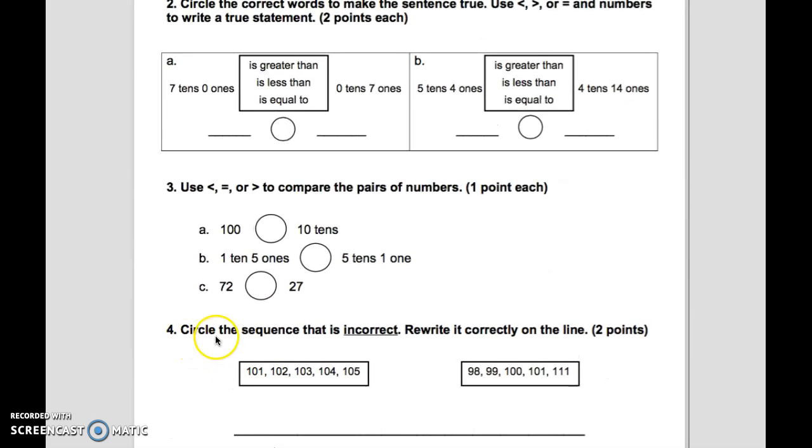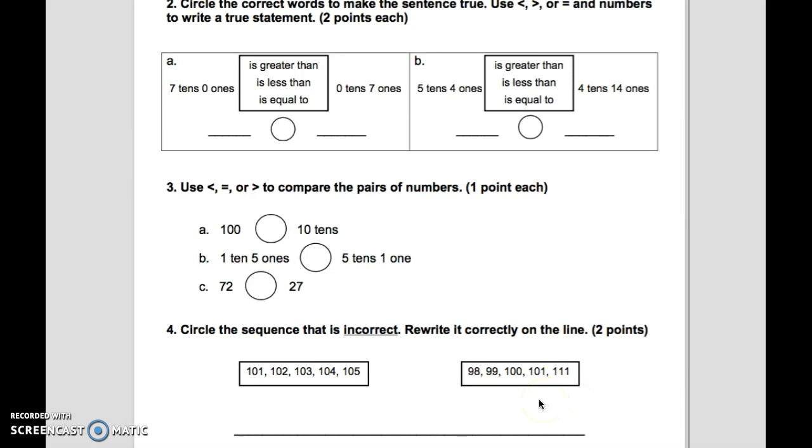Number 4. Circle the sequence that is correct or is incorrect. Rewrite it correctly on the line. So in these 2 boxes, you're going to see which one is incorrect, which means not right. 101, 102, 103, 104. 98, 99, 100, 101, 111.